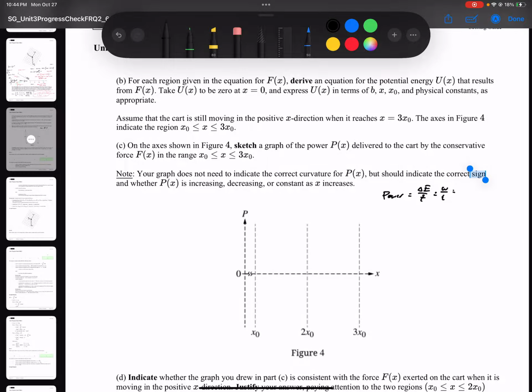This is an equation I went over in class: if we define work as force times distance, then force times distance over time is force times velocity, right? So this is the power delivered to the cart by the conservative force.